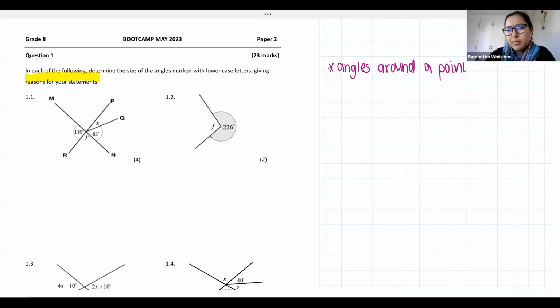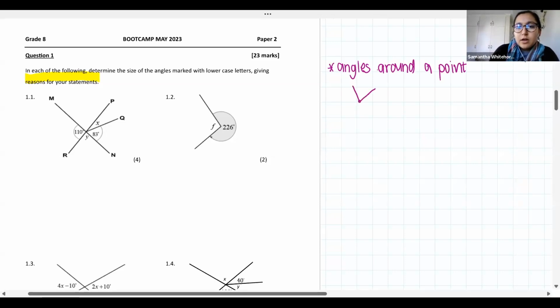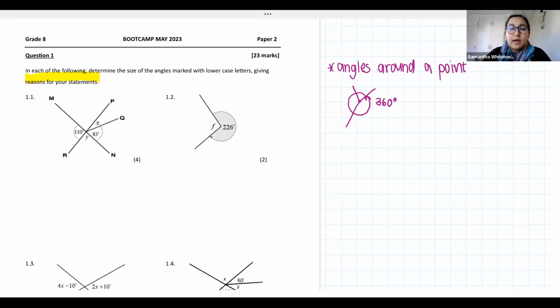That's something we remember from primary school. If we add all of those angles up, we will get 360 degrees. You can have 3 angles like I've drawn here, you can have 2, you can have 17, whatever.